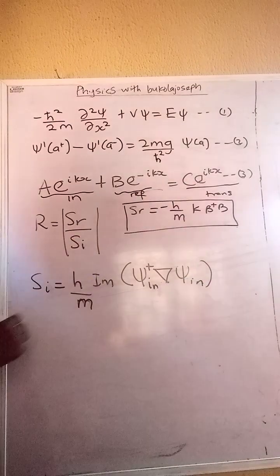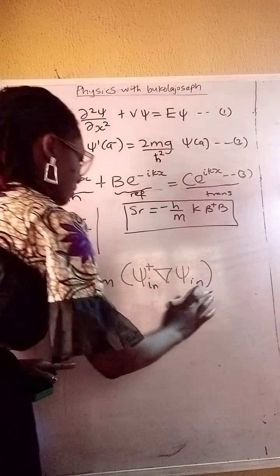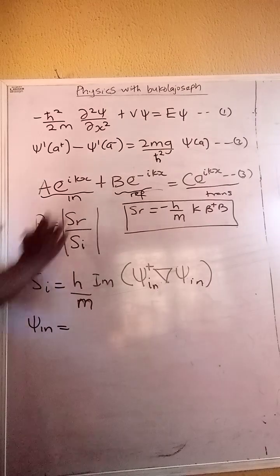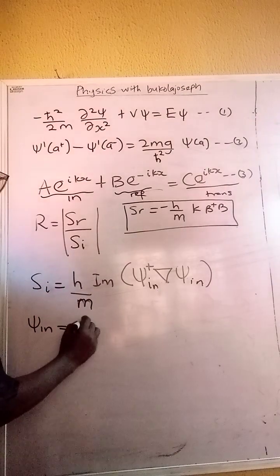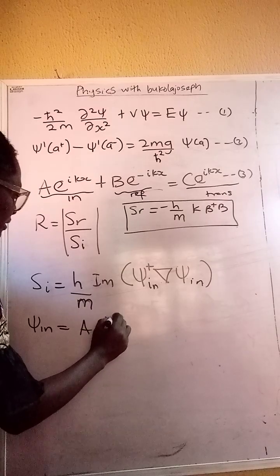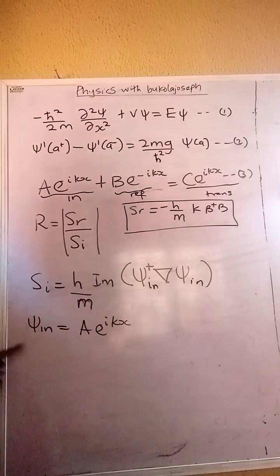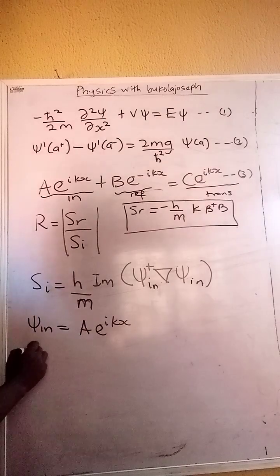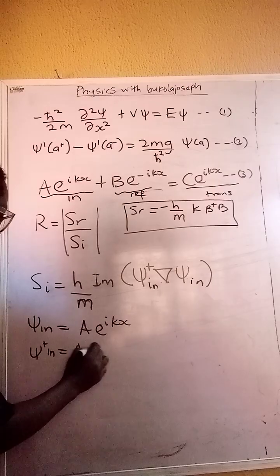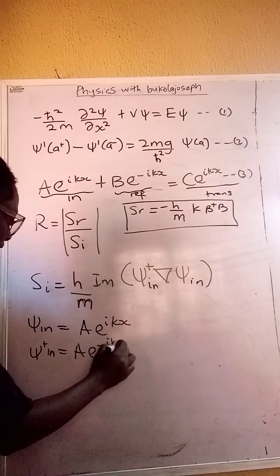So now, let's start with the simplest, psi in. Psi incident is equal to A exponential IKX, right? So psi dagger in will be equal to A exponential minus IKX.